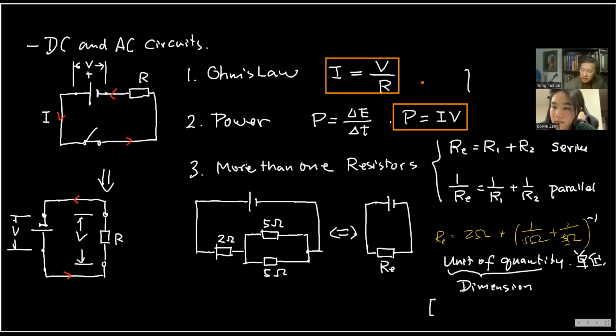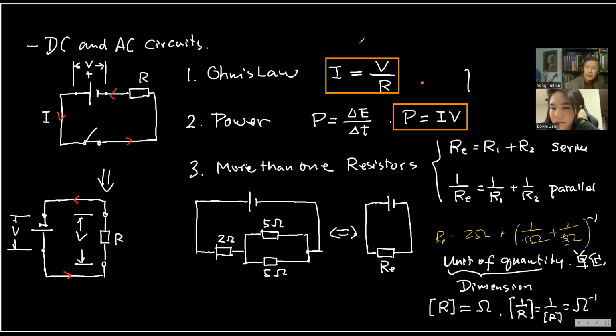We use this bracket notation to denote the dimension of a quantity, which just says what the unit is. The dimension of resistance R is ohm. However, the dimension of 1 over R will be 1 over ohm, so this unit will be ohm^-1. That's why we know this formula is not right.